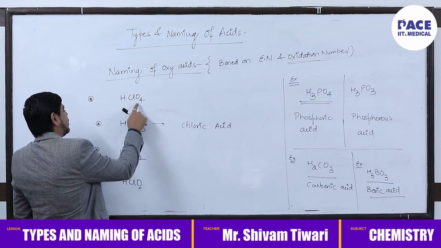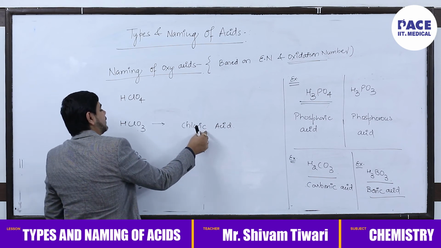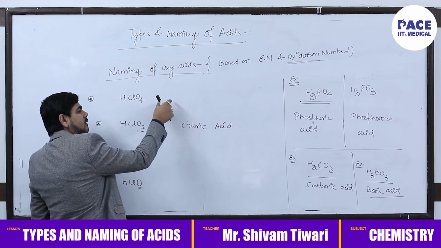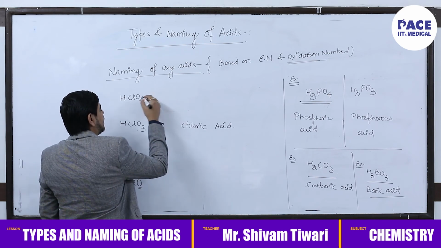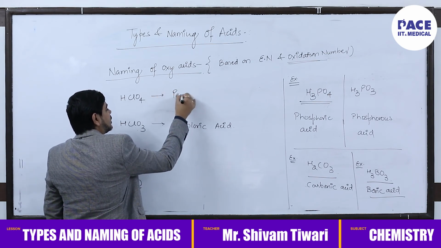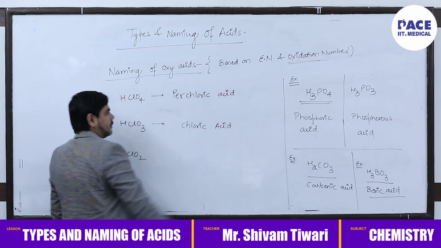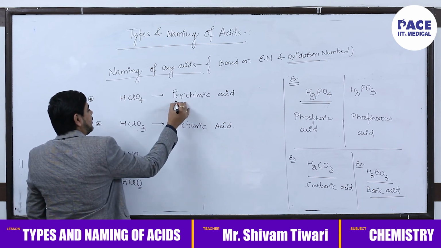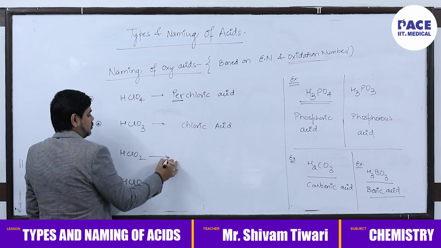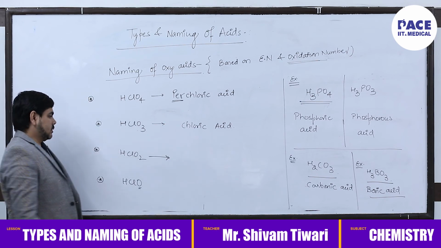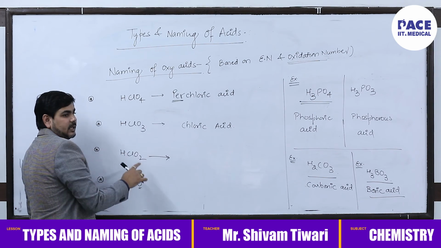Now, if the number of oxygen is further increased, we are not going to change the suffix, we are going to add a prefix over here. So chloric acid, and this is going to become perchloric acid. Okay, so we have added a prefix over here. HClO2: if we decrease the number of oxygen from ic acid, it is going to become ous acid.